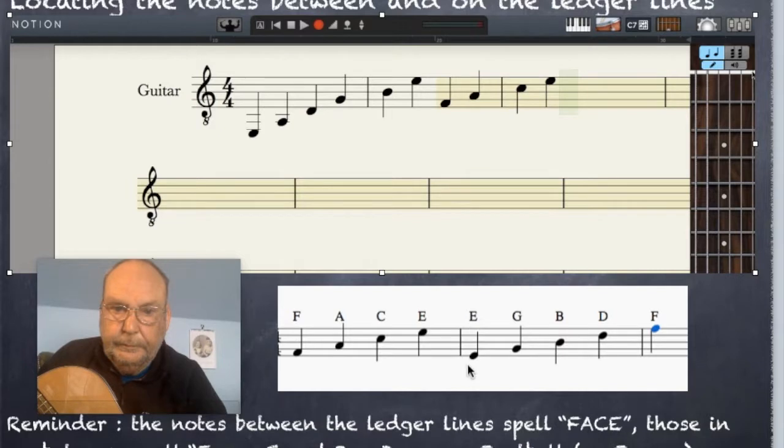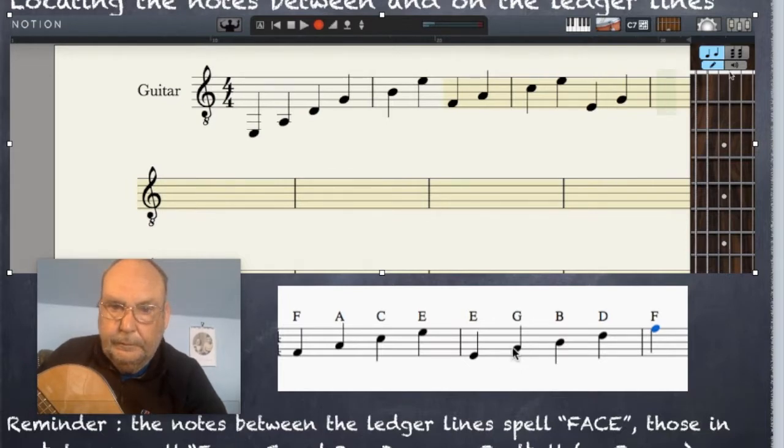Now, the notes on the line can be found 4th string, 2nd fret here, E. We already know G, and we already know open B. The only one, every good boy, the next one is D, which is 2nd string, 3rd fret.